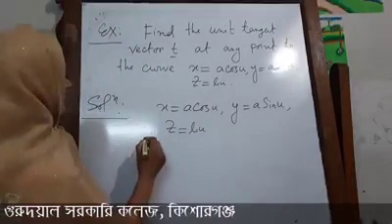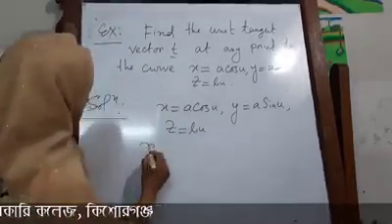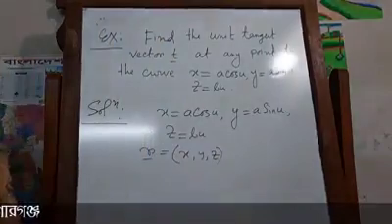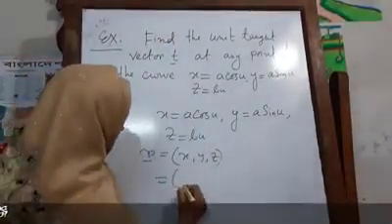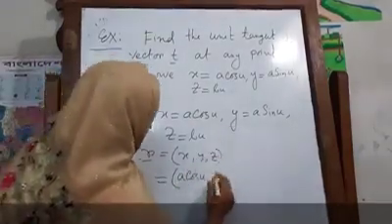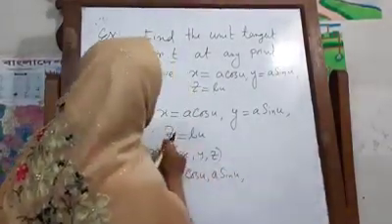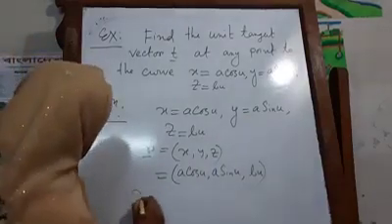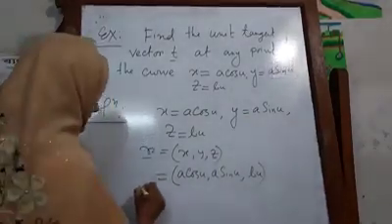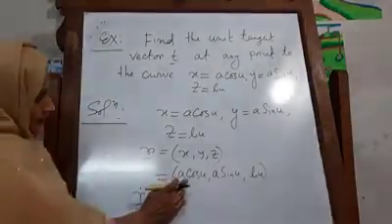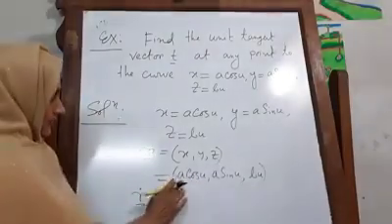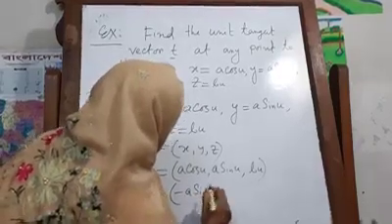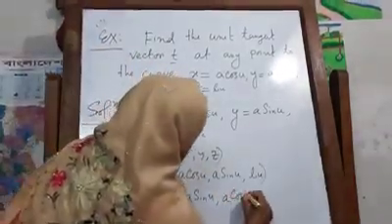Let r be a point x, y, z. That means x is a cos u, y is a sin u, z is bu. r dot means differentiating with respect to u. That is, minus a sin u, a cos u, b.